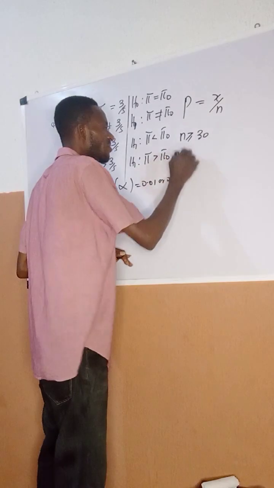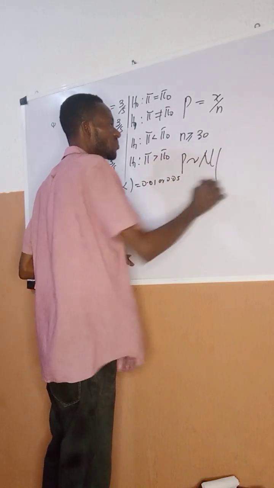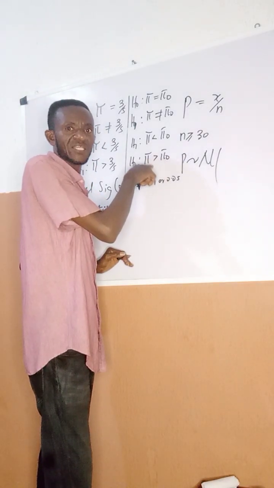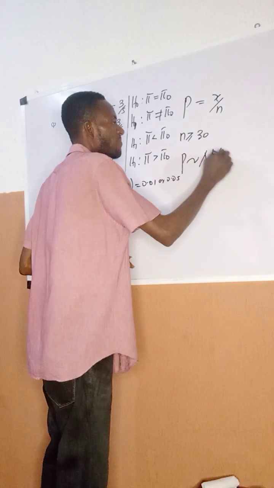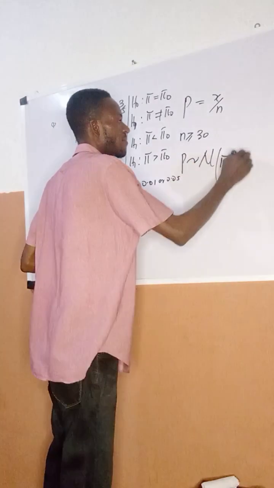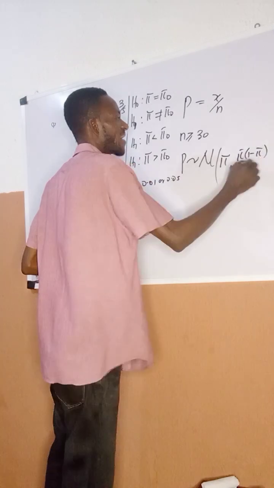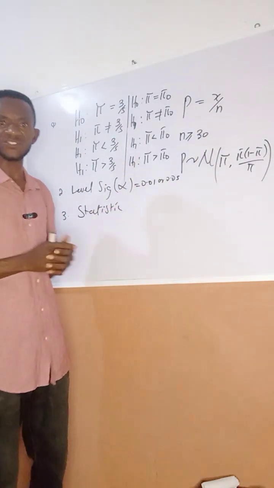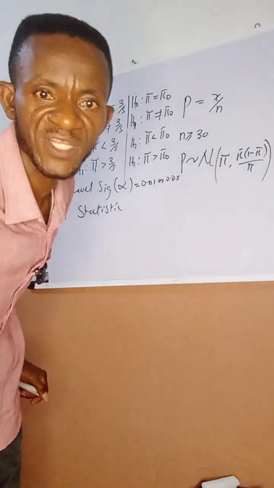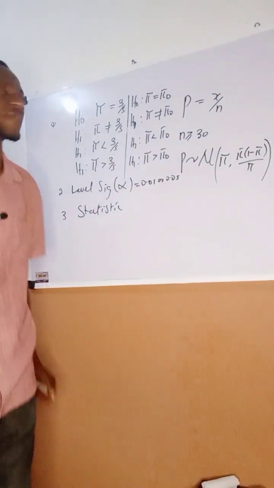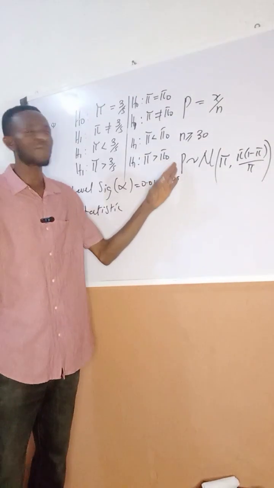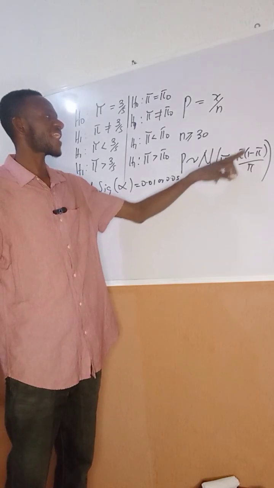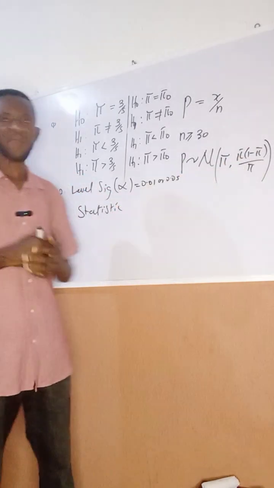The parameters of that normal distribution are specified as pi, comma, pi into 1 minus pi all over n. So it follows a normal distribution with mean pi and variance pi into 1 minus pi all over n.